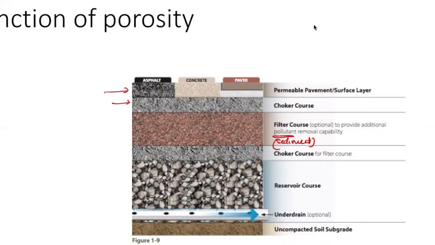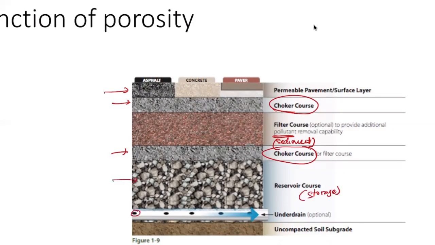You see all these choker courses? They are just to ensure that the different layers stay in place, and it also helps prevent one layer from falling into another. So it helps to minimize mixing. Then this is the reservoir course, which we can also call the storage. These have the largest particle size. And then you have the underdrain.